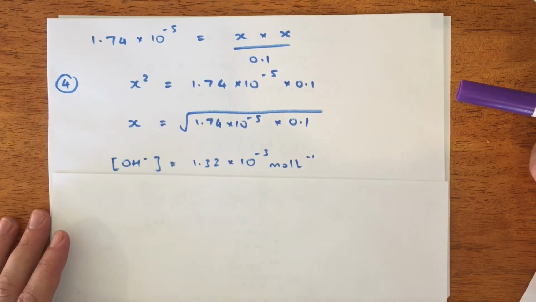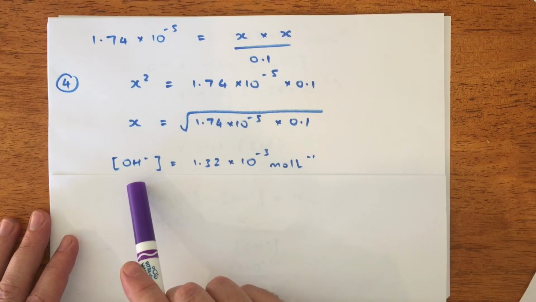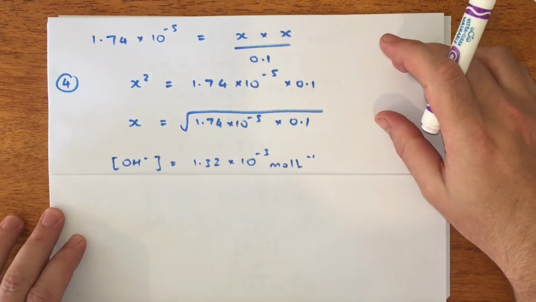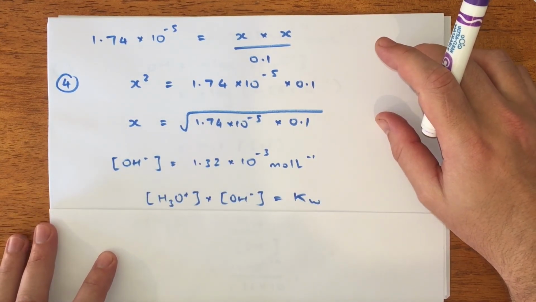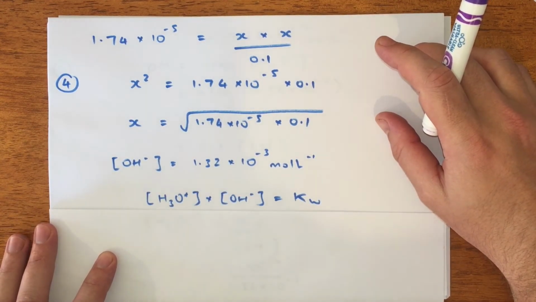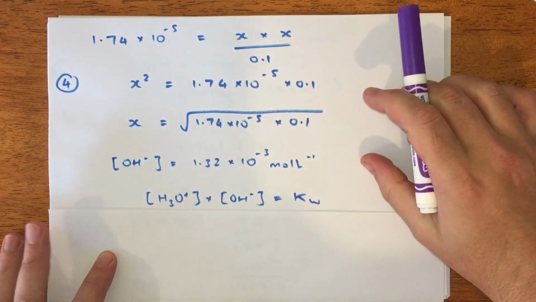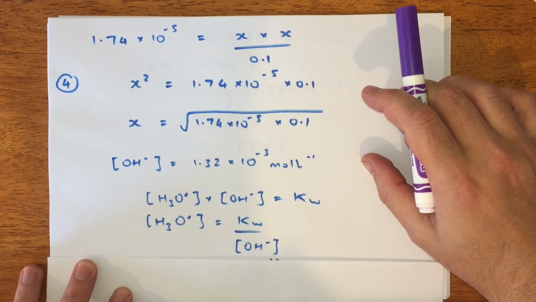You've probably identified that we cannot get pH directly from OH- concentration. We have to first get to the H3O+ concentration. So I can rearrange my Kw expression, which is H3O+ times OH- equals Kw. That number's a constant, 1 times 10 to the minus 14. So I can rearrange it to find H3O+ like so.